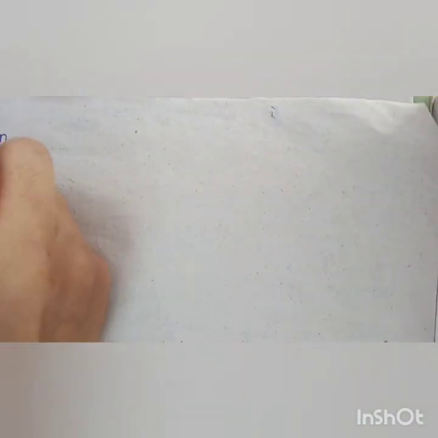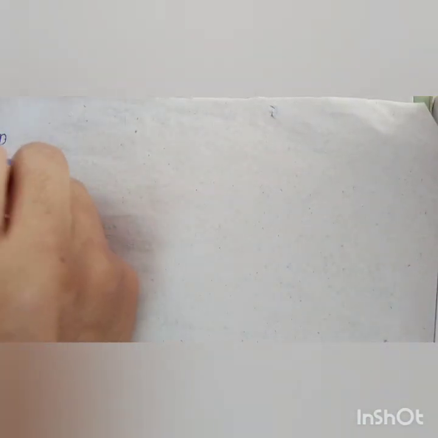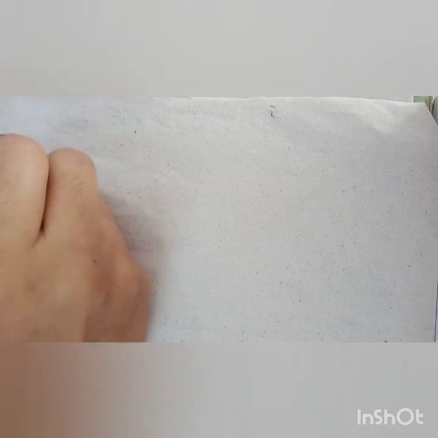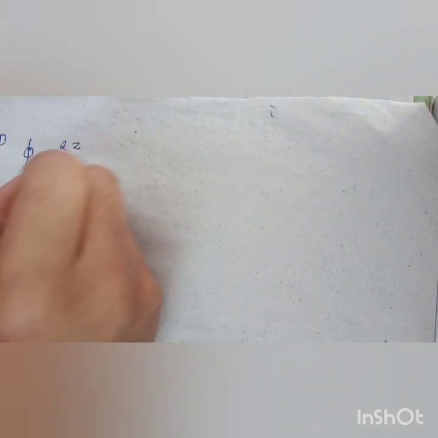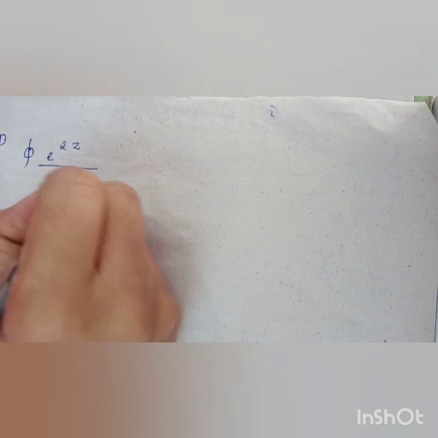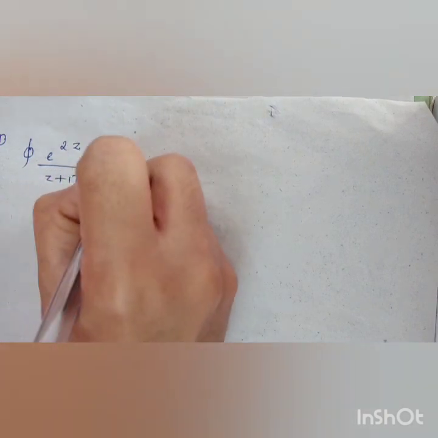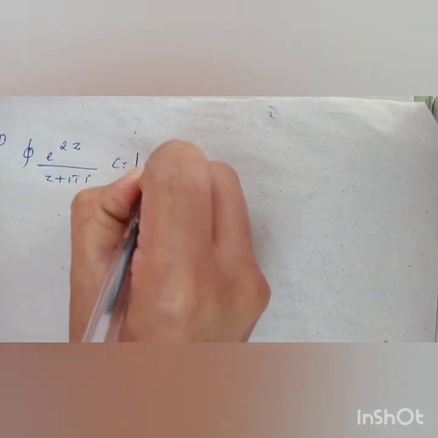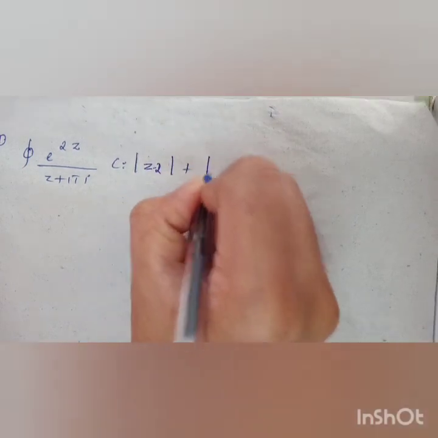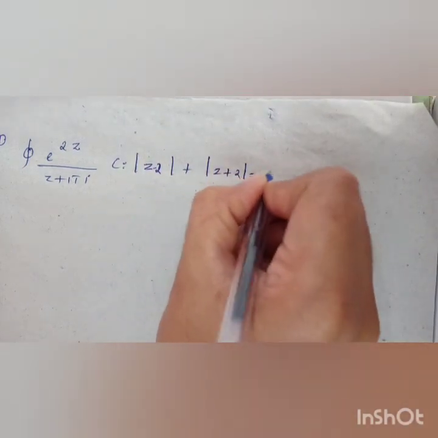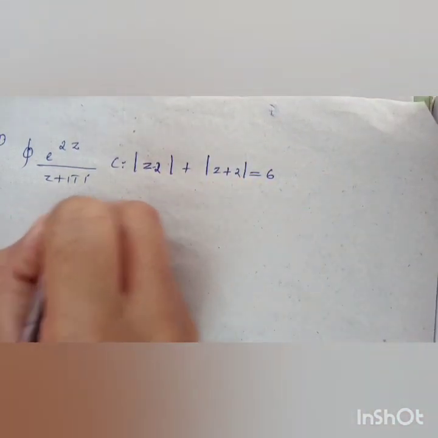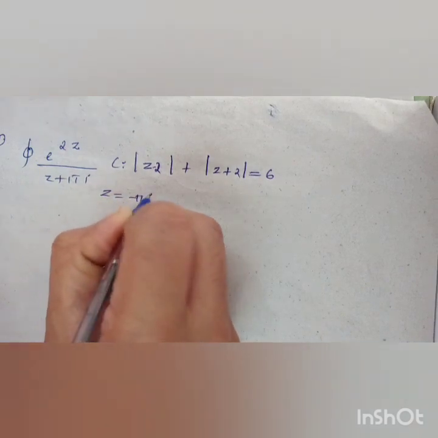Next question is about e raised to 2z divided by z plus pi i. The contour is such that |z minus 2| plus |z plus 2| is equal to 6. So we know that z is equal to minus pi i is the singular point.